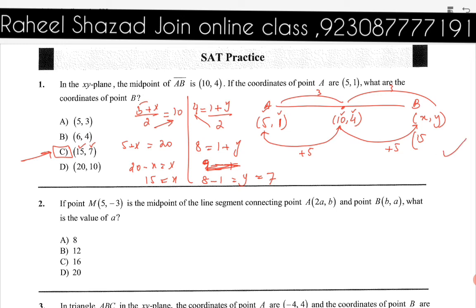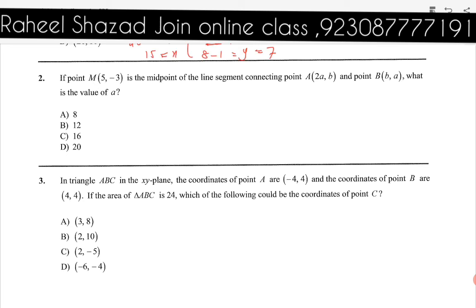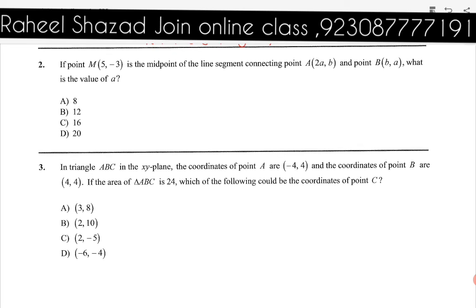In question number 2, the M is the midpoint of the line segment connecting A and B. So let's suppose this is point A, this is point B. Now A has coordinates (2a, b) and B has coordinates (b, a), and the midpoint is given as (5, minus 3).